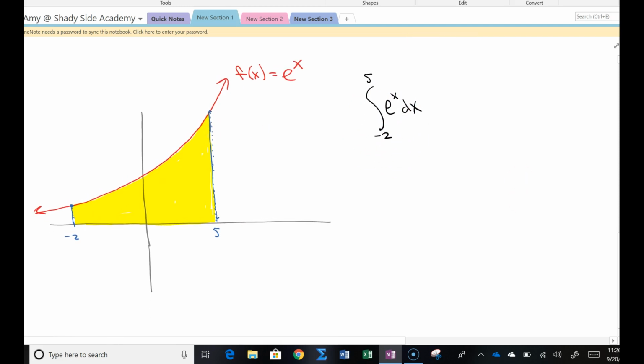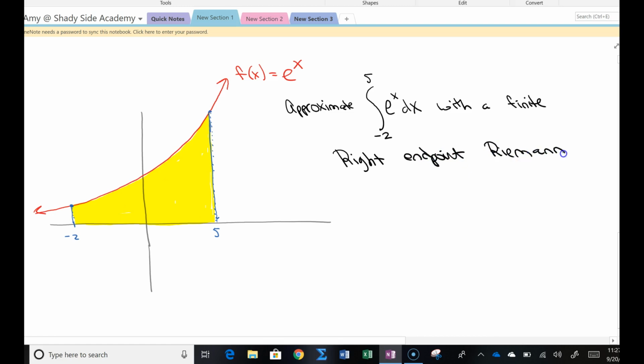What I want to do is I want to look at this phrasing here. I want to approximate this with a finite right endpoint Riemann sum.